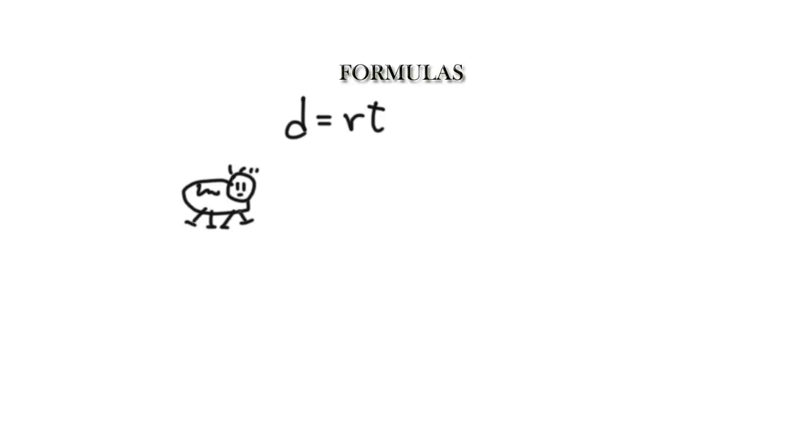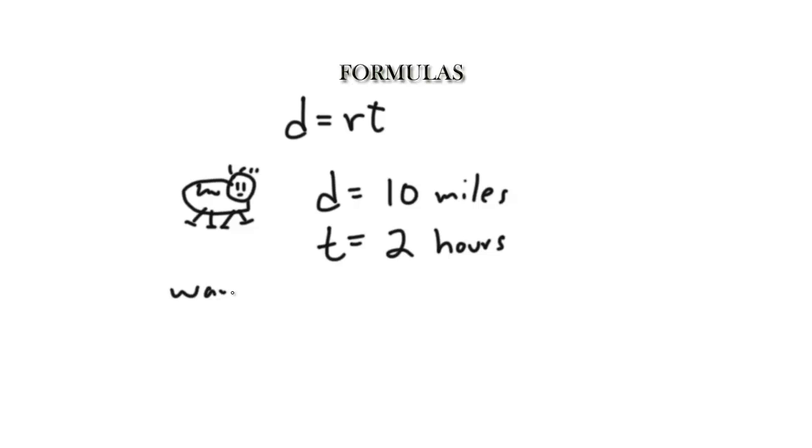Alright, and this creature traveled for 10 miles, and we know he did that in 2 hours. Okay, so we know the d and t, the distance and time. So we want to find, we want the average speed, right? Or in this case, what the r is, right?